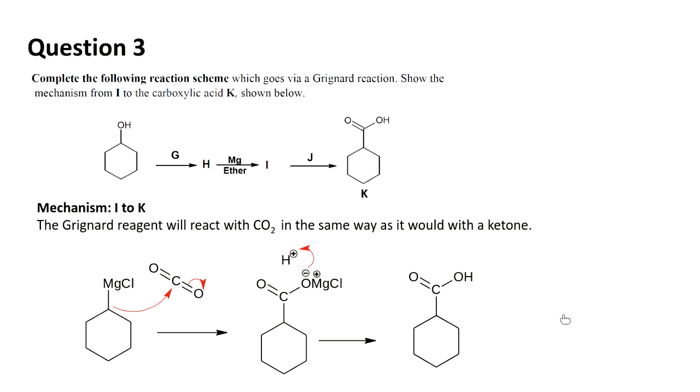So it forms the carboxylic acid, and then the remaining Grignard reagent, MgCl on the cyclohexane, would be protonated. So if there's extra Grignard in the reaction, the Grignard reagent will be protonated to an alkane. In a Grignard reaction with a proton source, it forms an alkane.